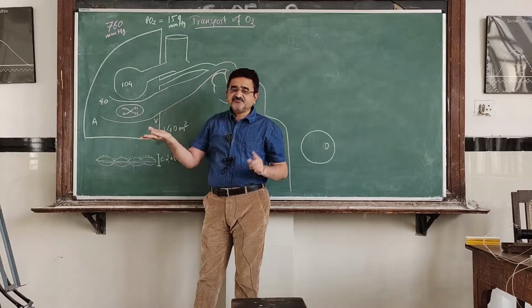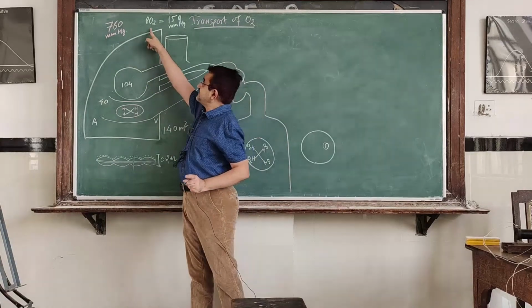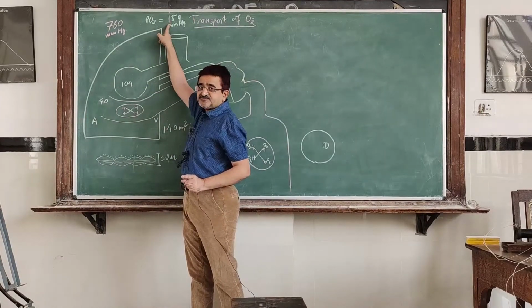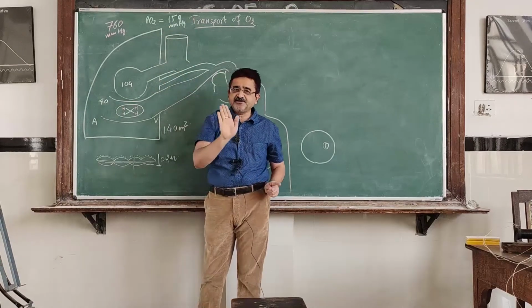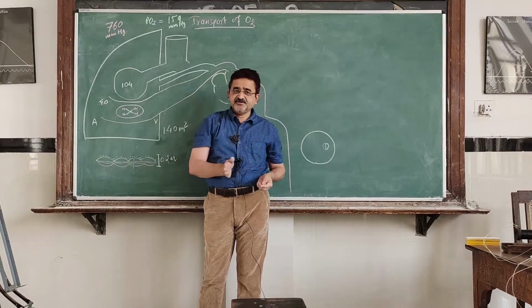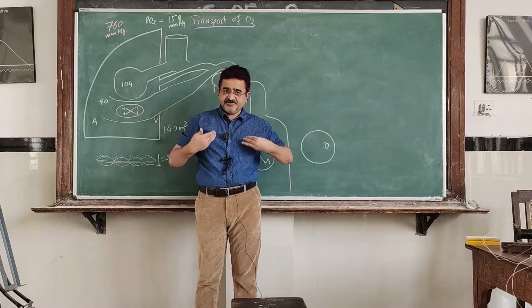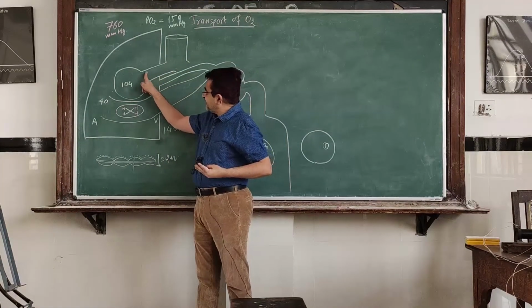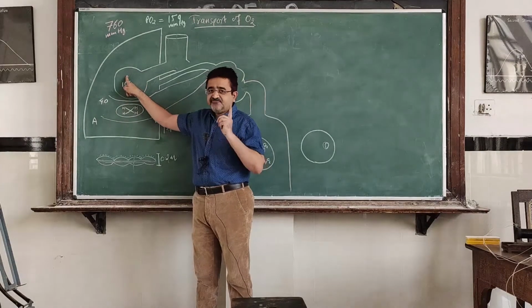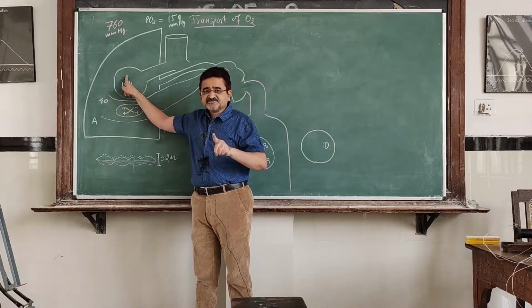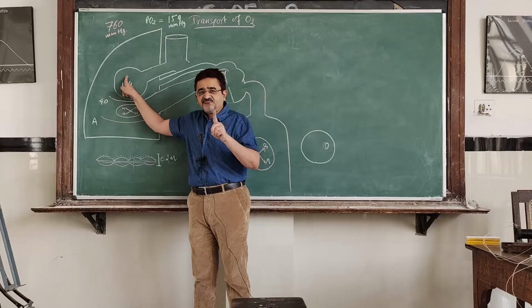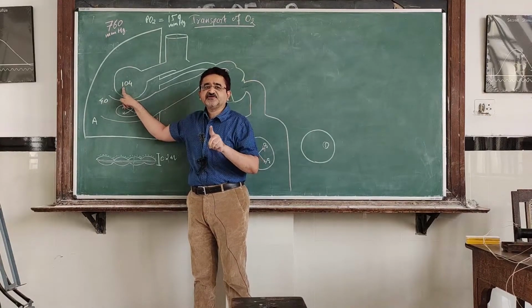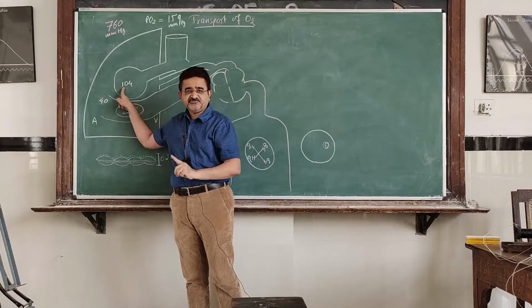In other words, the partial pressure of oxygen in the atmospheric air is 159 millimeter of mercury. When we inhale, the air enters through the tracheobronchial tree and ultimately reaches the alveolus. And what is seen is that the partial pressure of oxygen in the alveolus has fallen to 104 millimeter of mercury.